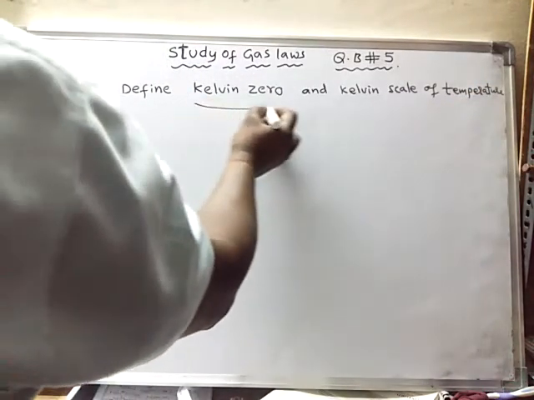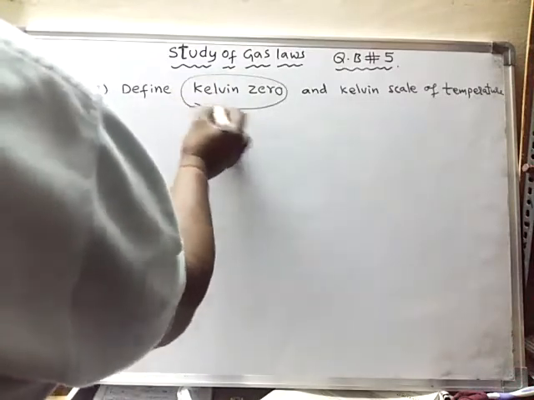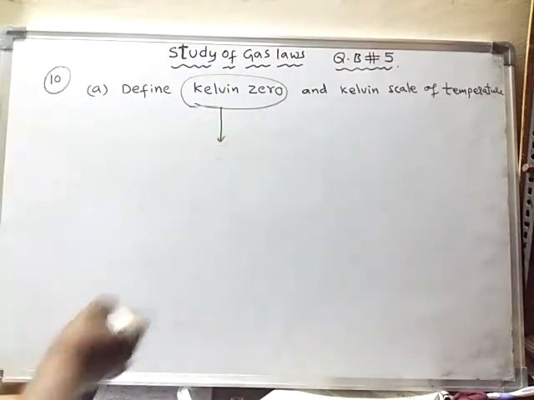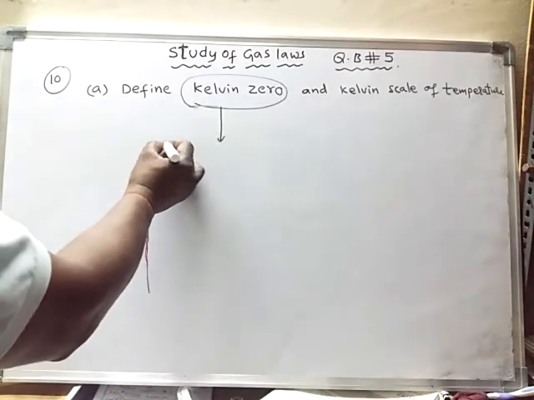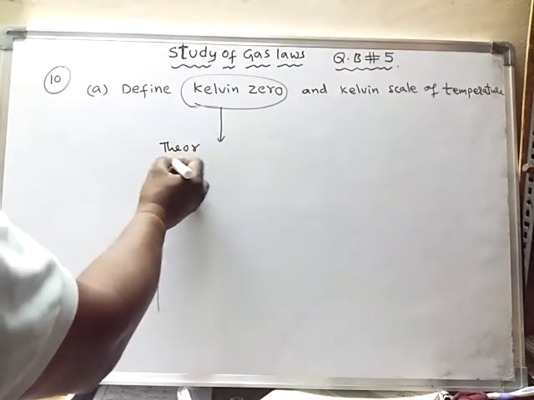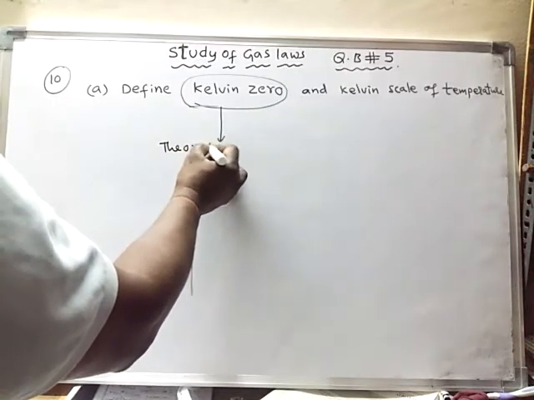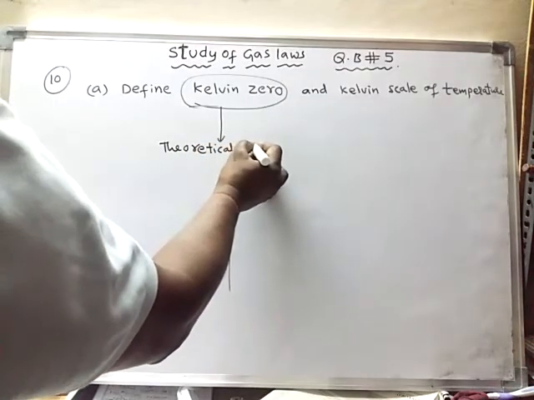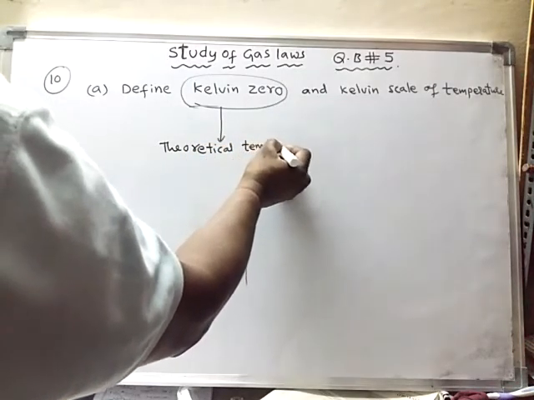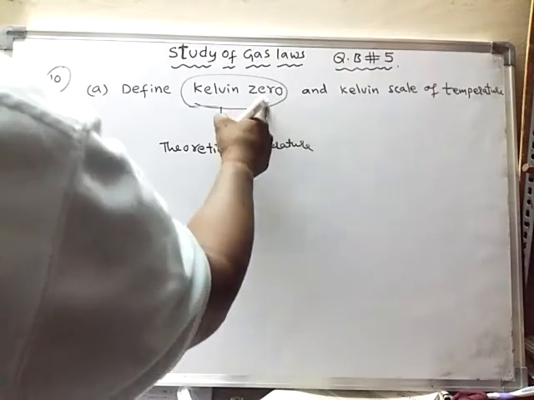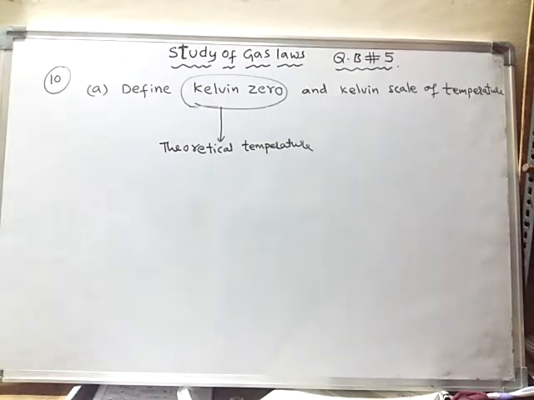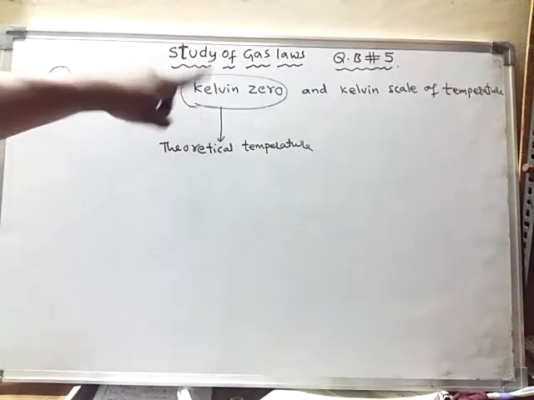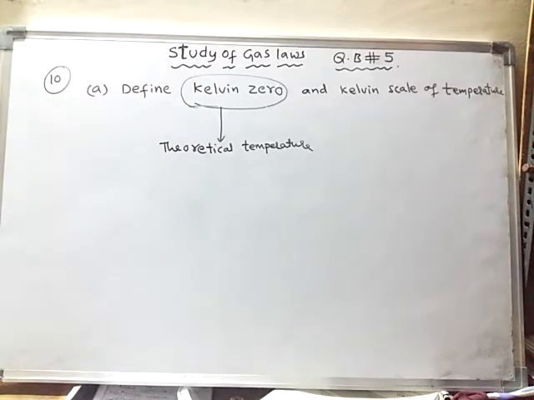What is Kelvin 0? Kelvin 0 is a temperature that is only theoretically possible, because no one can reach this temperature. Kelvin 0 is the very lowest temperature, and we cannot achieve it experimentally or practically.